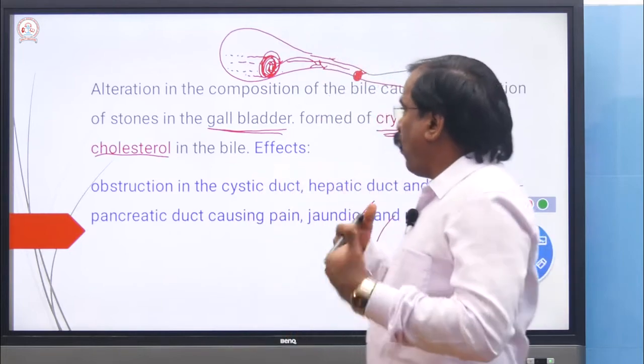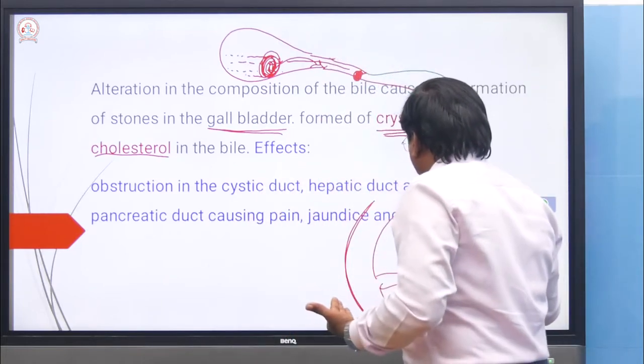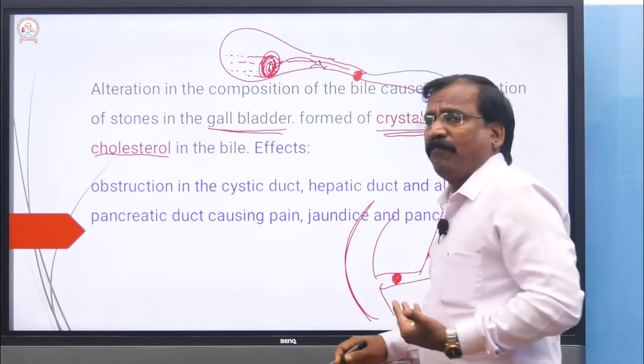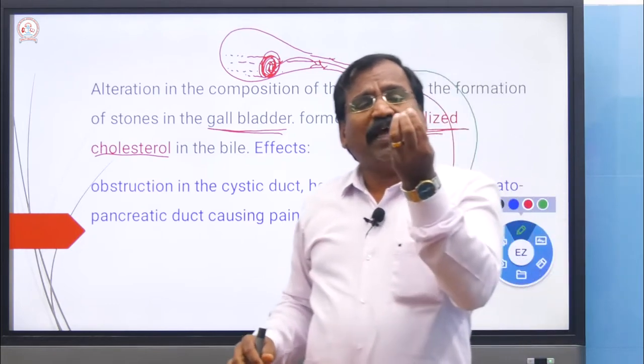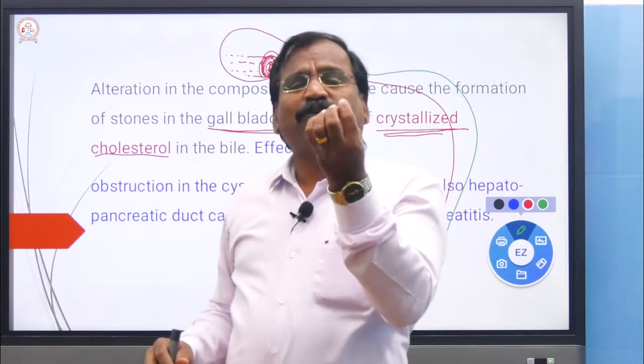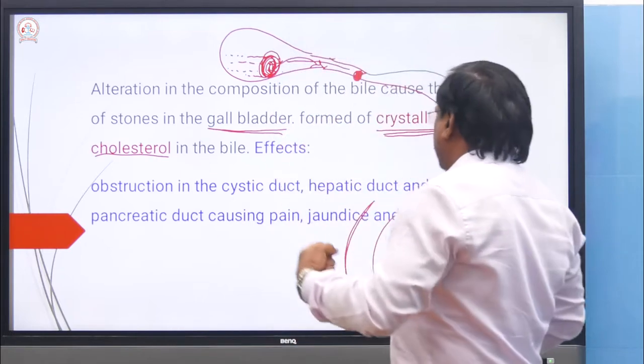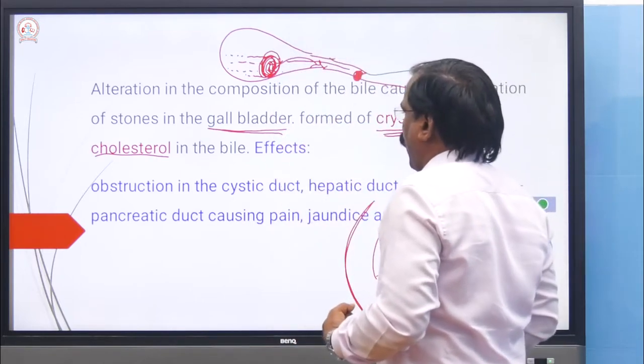It may block the passage at any place, or here in the hepatopancreatic duct at any region. So that stone may block the passage, an obstruction.